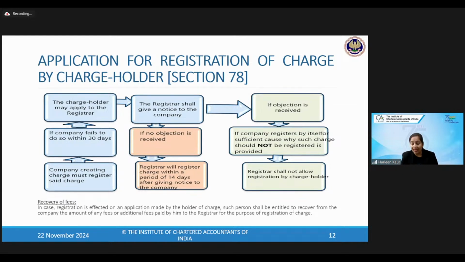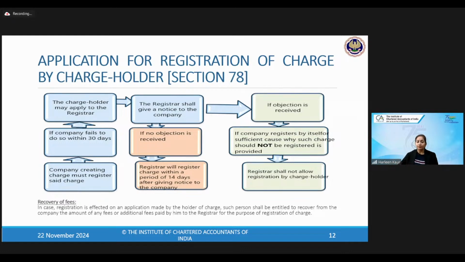And if the company replies in 14 days and gives the reasons, the charge will not be registered. And if the company remains silent and no objection is received, the registrar will register the charge within 14 days. And if the objection is received, and the company registers the charge itself or gives a sufficient reason that it should not be registered, then the registrar will not allow the registration of the charge by the charge holder.